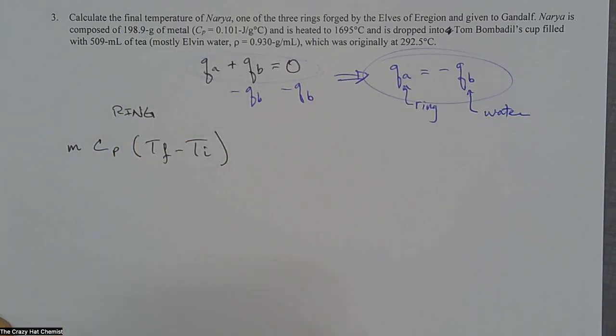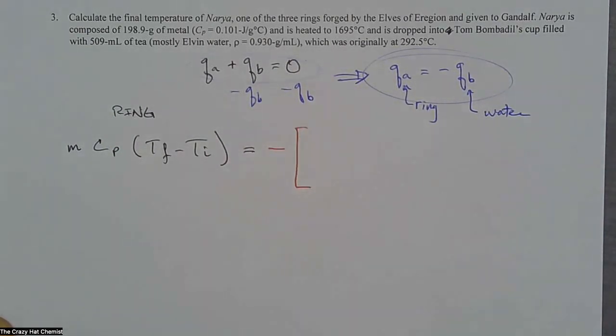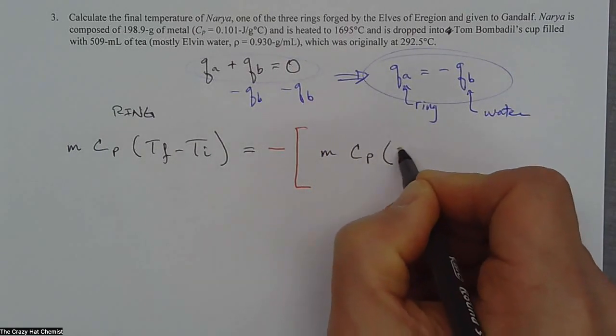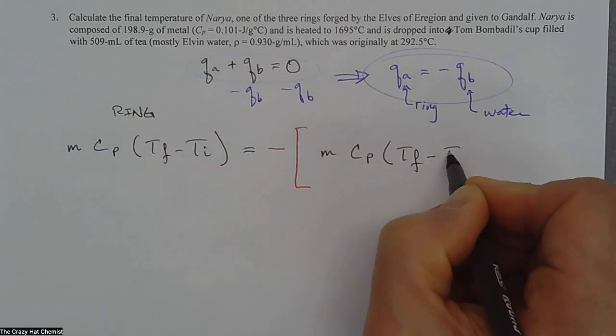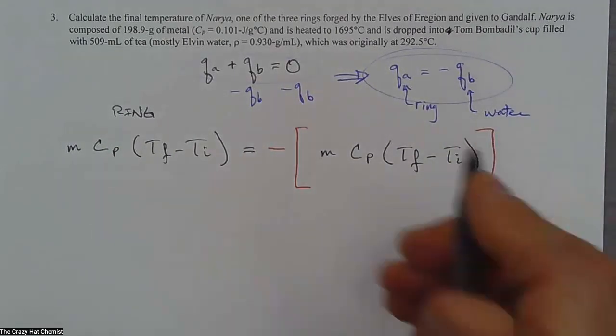This is equal to, and I'm going to make sure we don't forget about this, negative, and then I'm going to put brackets around this so that I define this absolutely for you so you can clearly see it. This is m C_p (T_f minus T_i), and this is for the water.